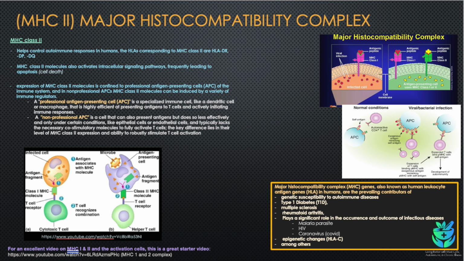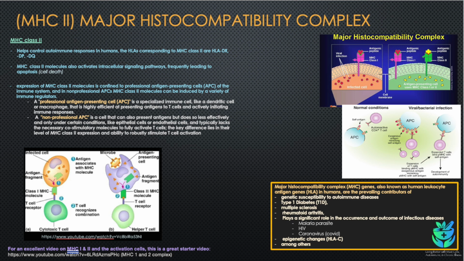Expression of the MHC class II molecules is confined to the professional antigen-presenting cells, APCs, of the immune system, and in non-professional APCs, MHC class II molecules can be induced by a variety of immune regulators. A professional antigen-presenting cell is a specialized immune cell, like a dendritic cell or macrophage, that is highly efficient at presenting antigens to T cells and actively initiating immune responses.